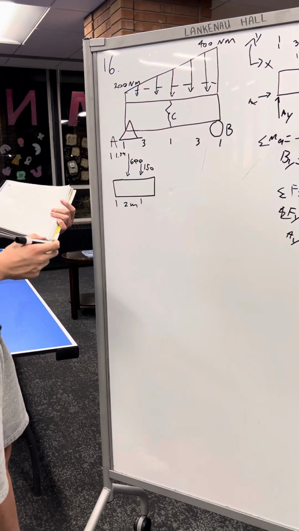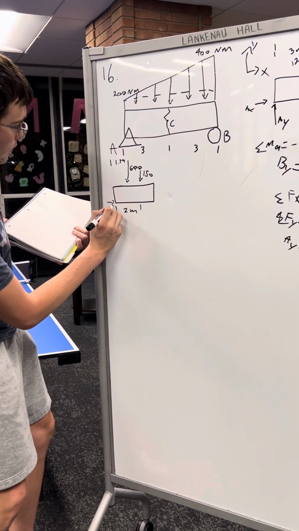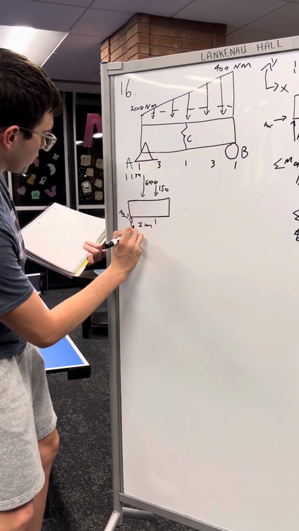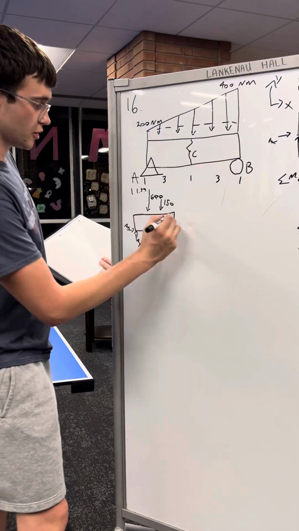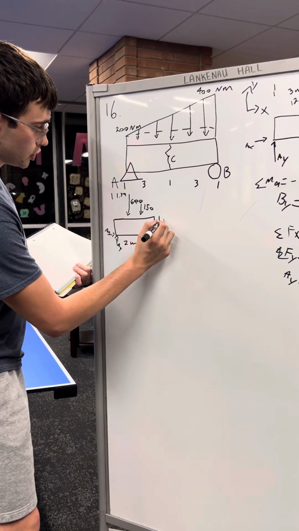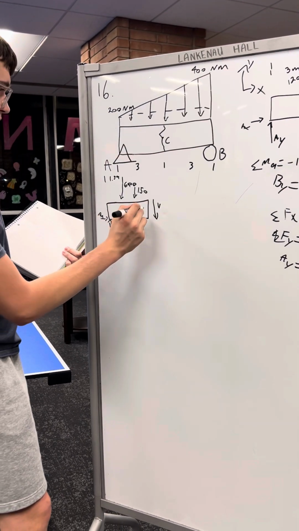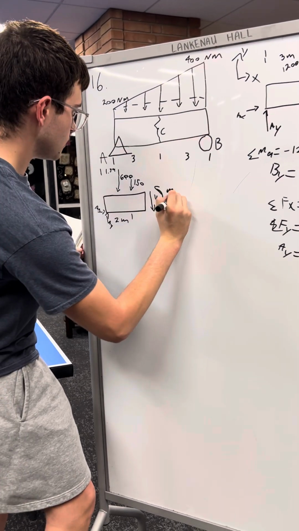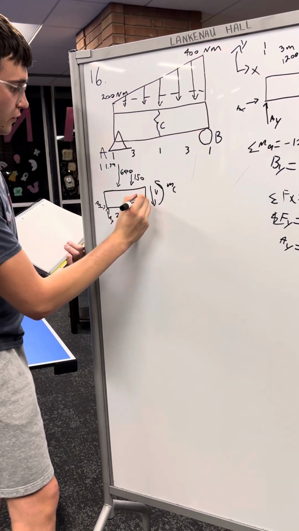Now, there's also going to be our Ax and Ay over here. There's also going to be our shear force, then you have your bending moment, and then your normal force.